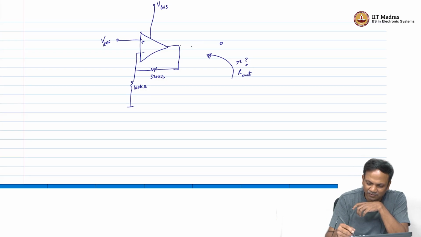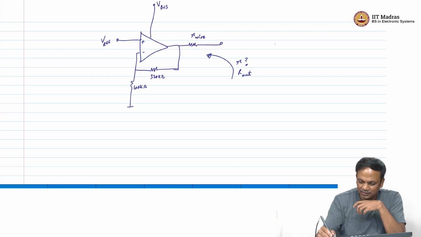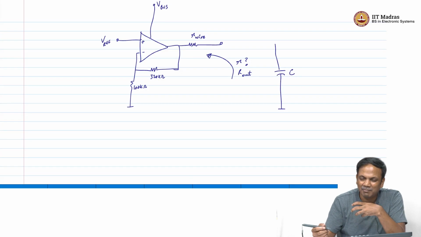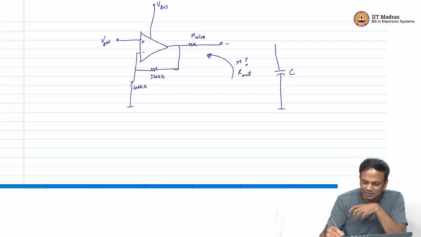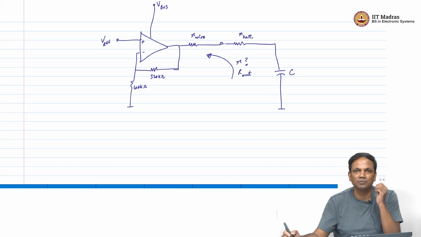So, you can think of it this way. There is some R wire here that is going to contribute resistance, and now when I come to the battery, maybe my battery is not a perfect capacitor. Maybe it has some internal resistance of its own that also has to be factored in.